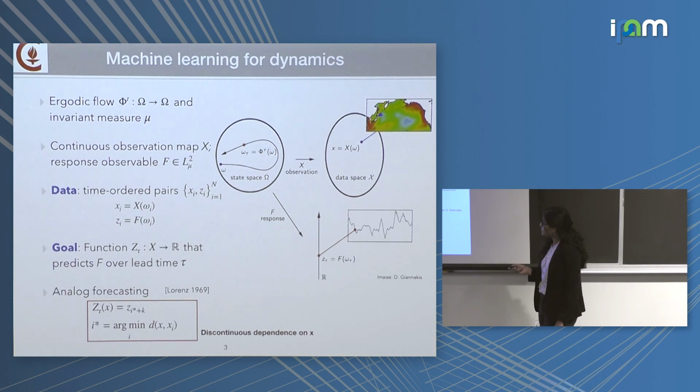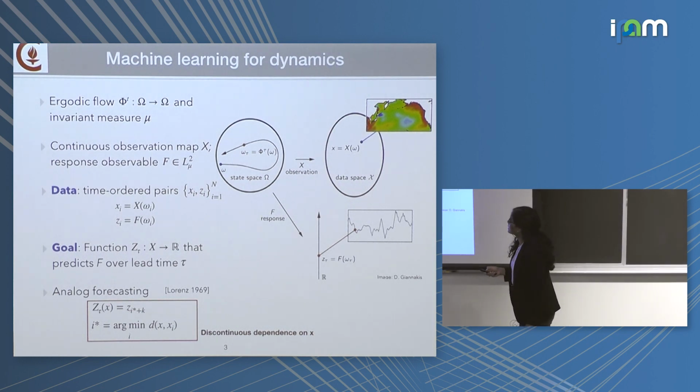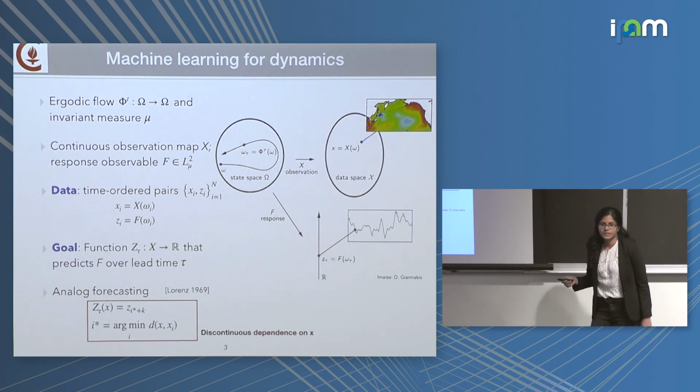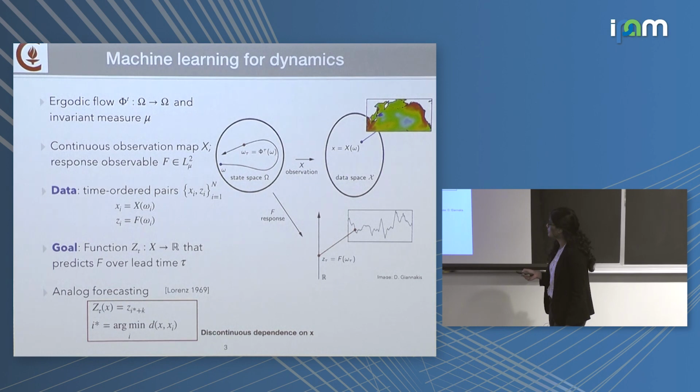We also assume a continuous observation map X, where we collect data points xi, which can be vector valued. And we assume a scalar valued response variable of interest, zi, which is the output of a response map that we assume to be square integrable over the L2 space of the dynamics.